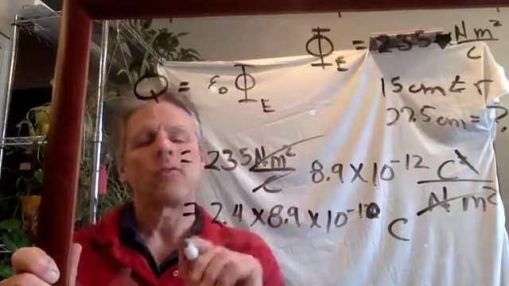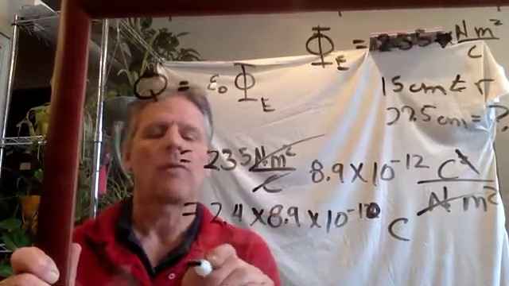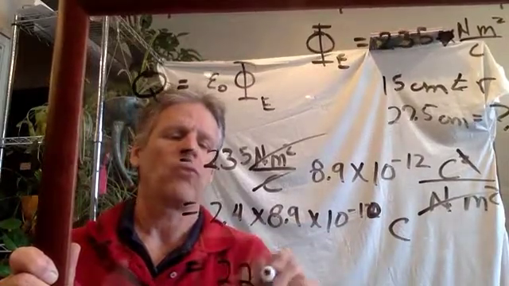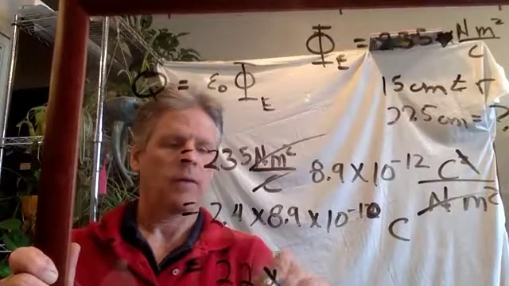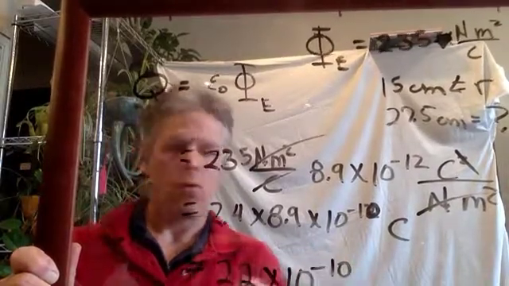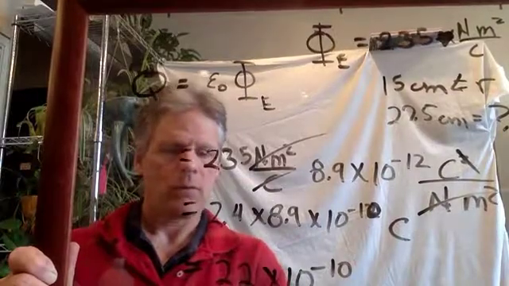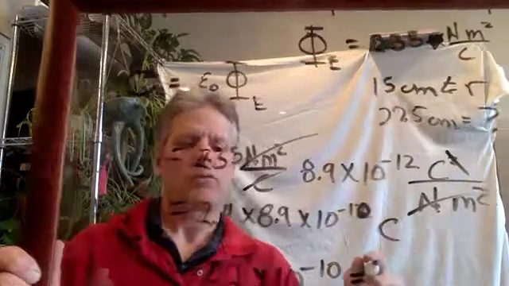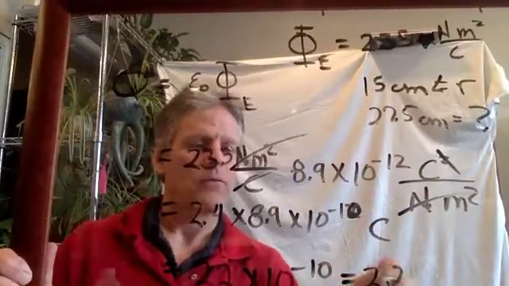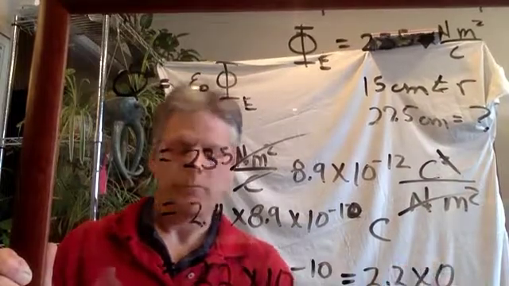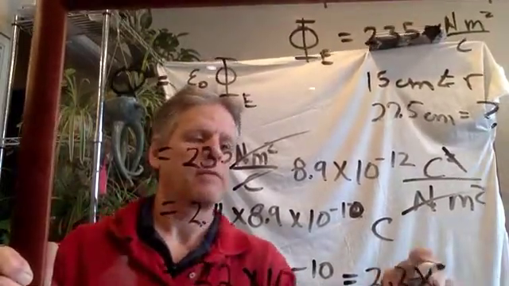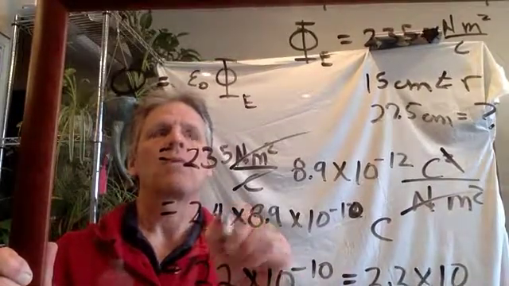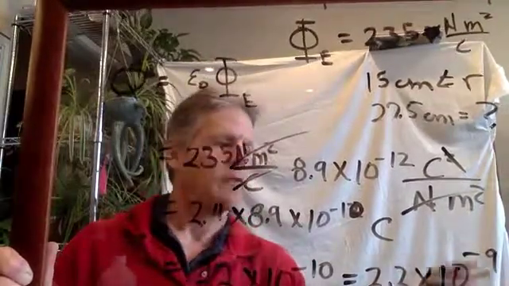So I have 9 times 2.5, that's 18 plus 4, about 22 times 10 to the minus 10, or 2.2 times 10 to the minus 9, and this is in coulombs.